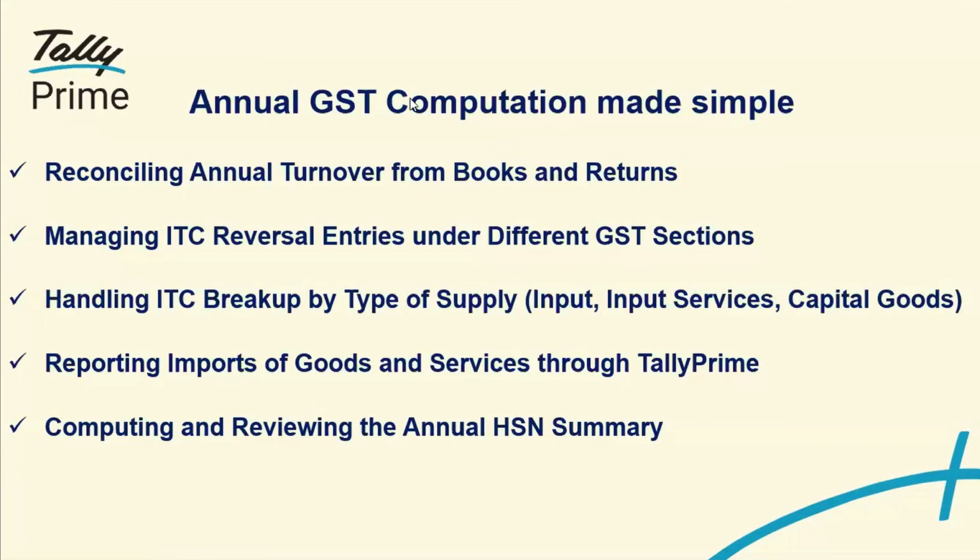Once you get into the GSTR annual return menu in the portal, there is an additional button in the dashboard that gives the compilation of the HSN summary we have already uploaded in GSTR 1. So we have an additional tool to verify along with Tally's annual computation table, and we can match it out.